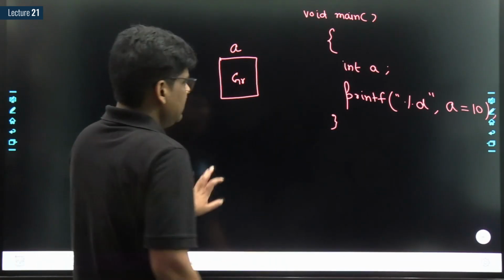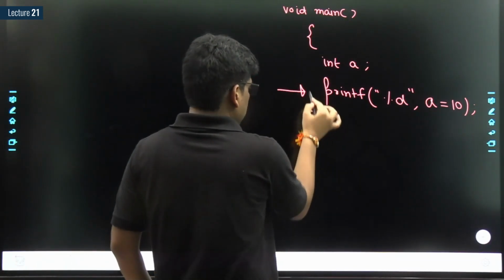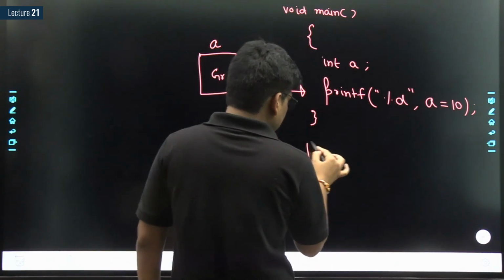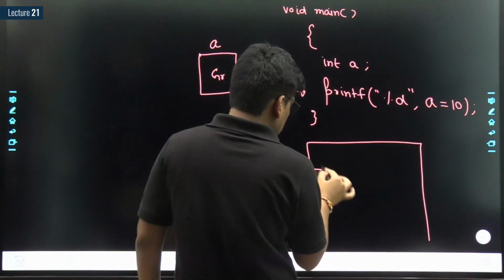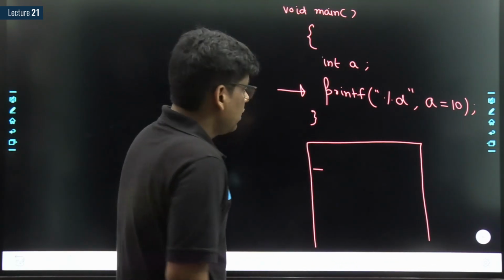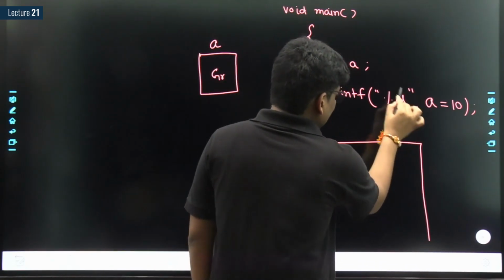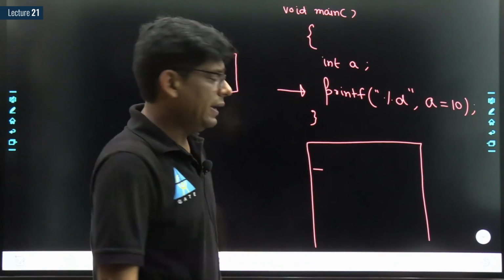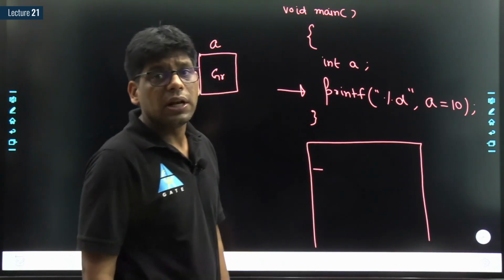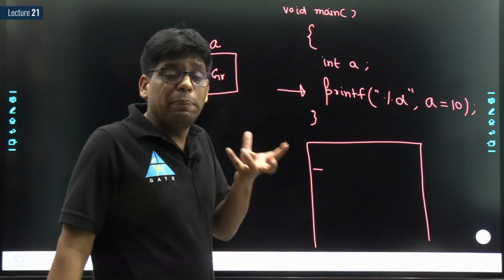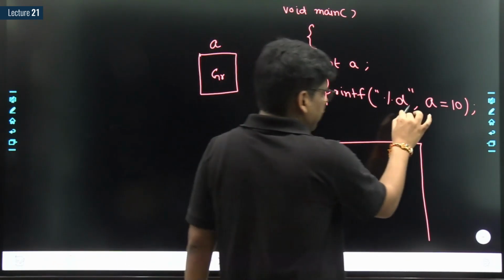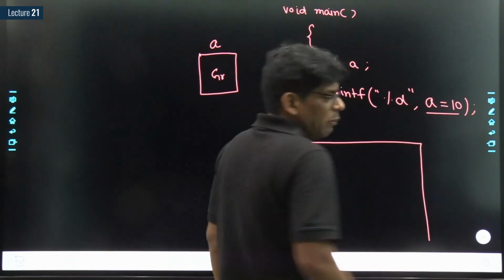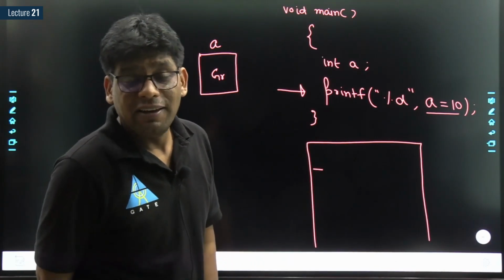Okay. Then, sir, printf. The task of printf is to print something on the output screen. Let us suppose the cursor is here. By looking at %d, the compiler gets to know that some integer value is to be printed at the current cursor position. But from where should it pick that value? After this comma. But after this comma, what do we have?